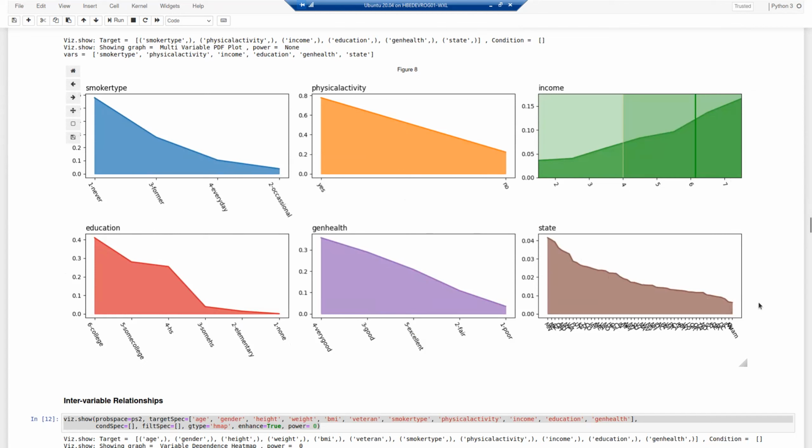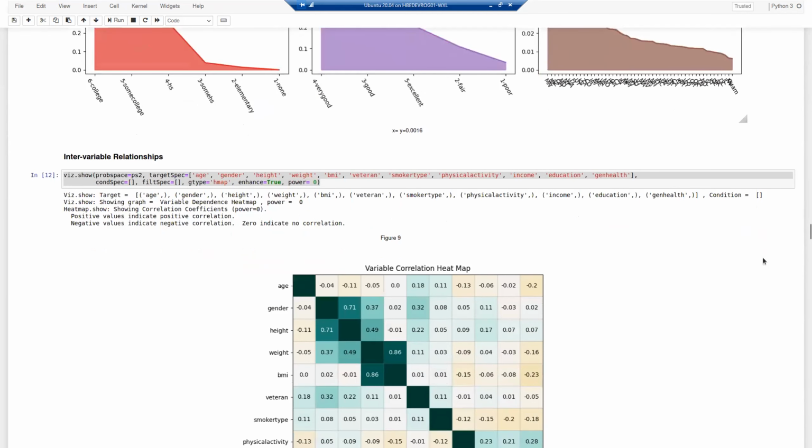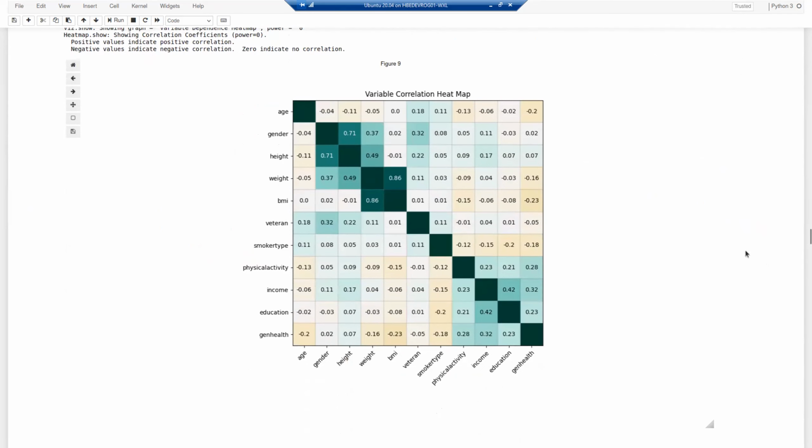You can't really see the states here because I've got a small graph, but we'll see that later, and we'll expand it in more detail. And this shows just the number of people that were surveyed in each state. All right, so we're going to look at charts similar to what we looked at with the simulated data, but it'll be a little bit easier to understand the power with this live data.